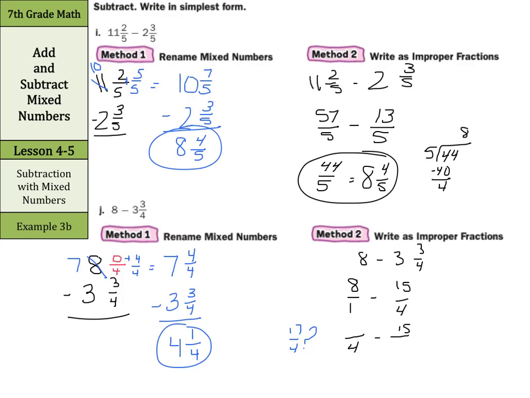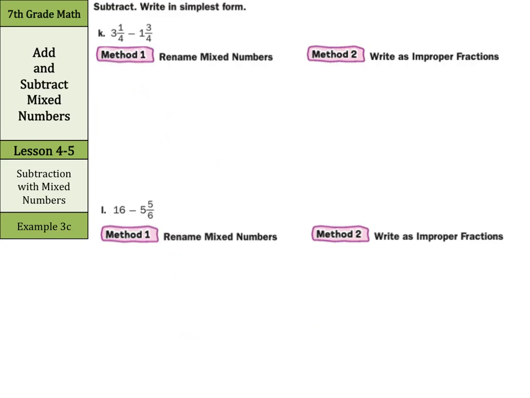And I already have my 15/4, and well, 1 times 4 is 4, so 8 times 4 is 32. And hey, what do you know? 32 minus 15 is 17/4, which is the same thing as 4 and 1/4. So hey, we got it right. Woohoo! Let's move on. But wait, there's more.